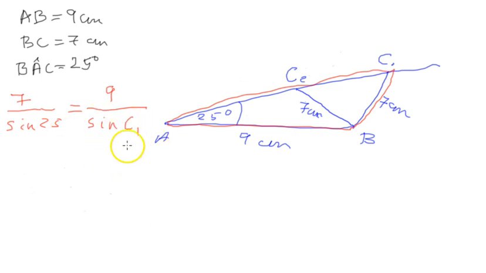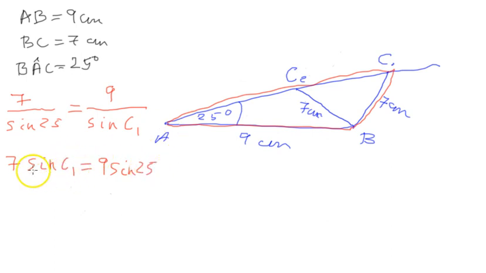To solve this equation for C1, first I cross multiply, so this C1 comes over here, sine 25 comes over here, 7 sine C1 is equal to 9 sine 25.